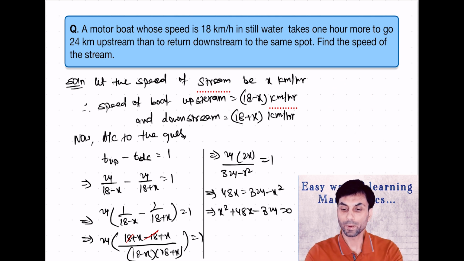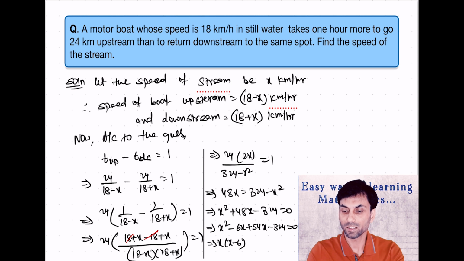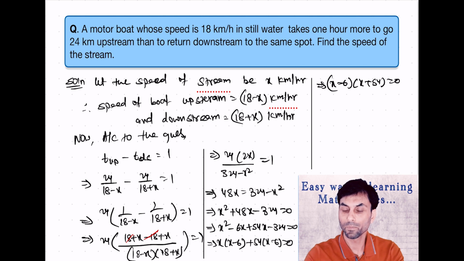So here on prime factorization of 324, we can split 48x as x square minus 6x plus 54x minus 324 equals 0. And here we can take x common, x minus 6 plus 54, x minus 6 equal to 0, which will be x minus 6 into x plus 54 equals 0, which implies on equating the factors to 0, we'll get x equals 6 and x equals minus 54.